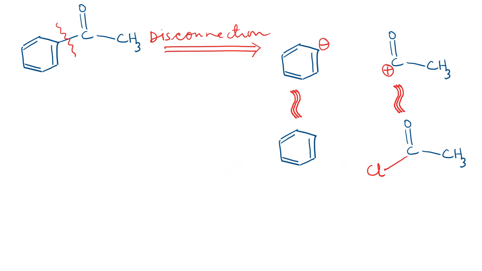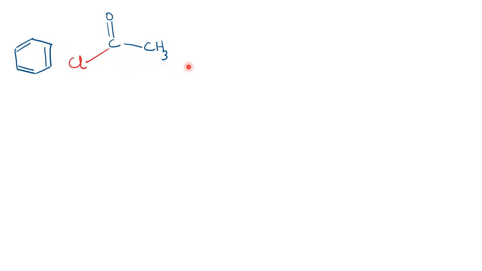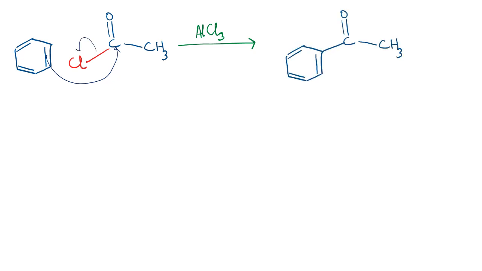aromatic ketone. So now we have our aromatic ring as the starting compound, benzene plus acid chloride, and this is the combination of a Friedel-Crafts reaction. So we are using a suitable Lewis acid, AlCl3, and we know that aromatic ring will attack on this carbon to replace chlorine, and we will be getting acetophenone as the final product.